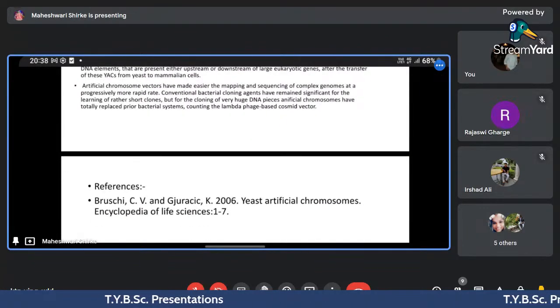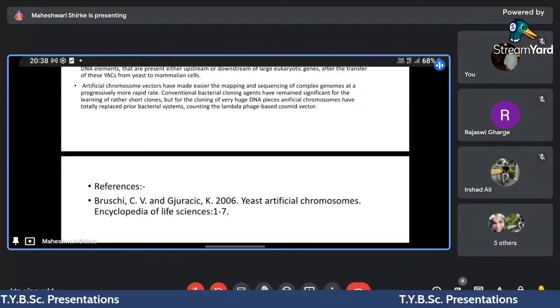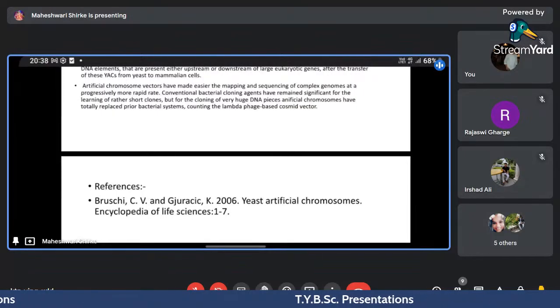Artificial chromosome vectors have made the mapping and sequencing of complex genomes easier at a progressively more rapid rate.